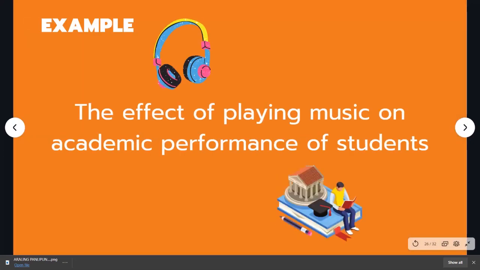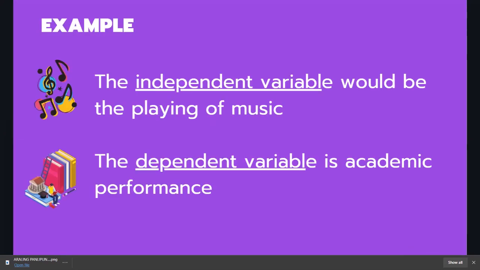The effect of playing music on academic performance of students. So the independent variable would be the playing of music and the dependent variable is academic performance. Kasi depende kung ipi-play, kung anong klaseng music ang ipi-play mo. So, maaapektuhan nun ang academic performance ng student.